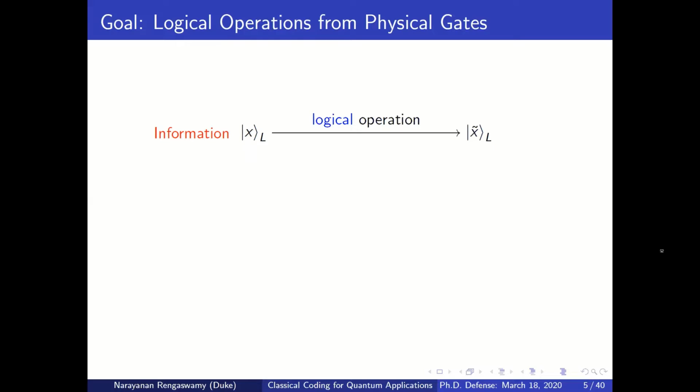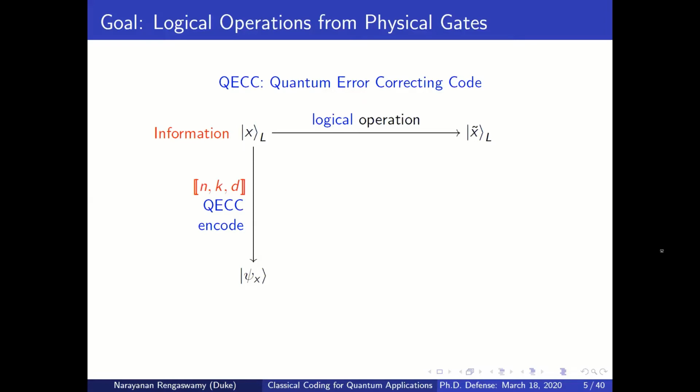Now the problem is all the operations you do in the lab are noisy. So if you don't protect from noise, then most likely the final state will not be the state that you want. So what we do is we encode your information in a quantum error correcting code. So you have k qubits of information, and you encode it into n qubits, where n is larger than k. So you add some redundancy to your data.